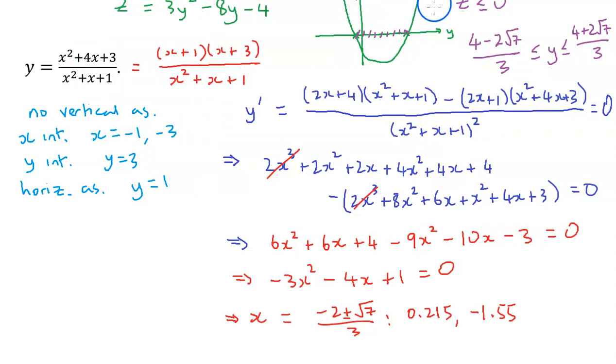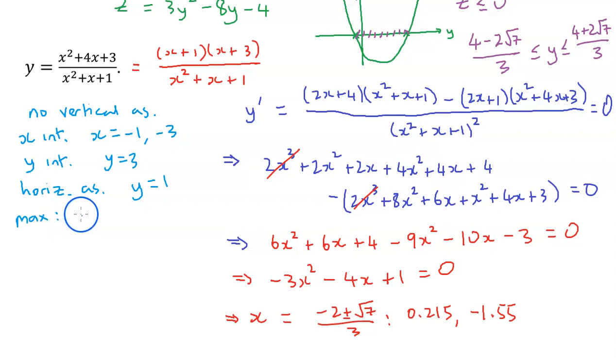Right, so we can say that our maximum, so just adding to this list here, our maximum, or local maximum rather, actually I think, yeah, global maximum in this case.